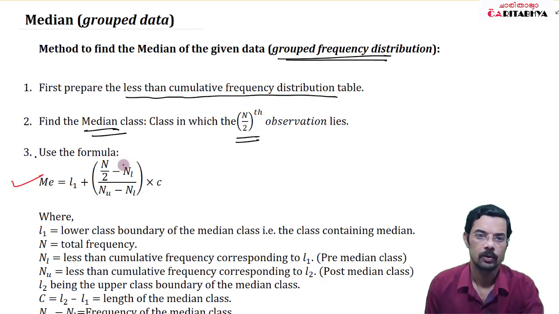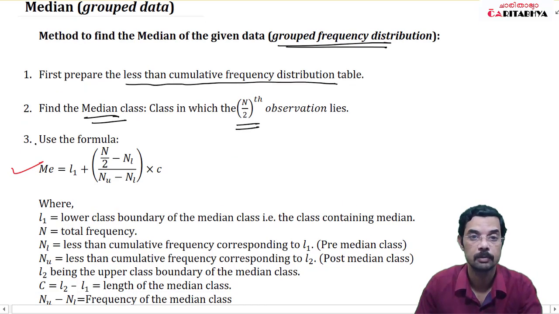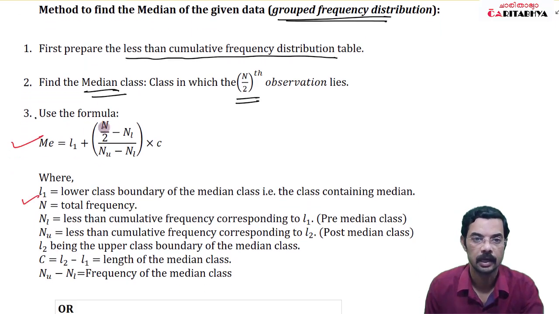Now what is L1? L1 is the lower boundary point, or the lower class boundary, of the median class. Here n is the total frequency or the total number of observations, the sum of all frequencies. Now NL is the less than type cumulative frequency of the pre-median class.